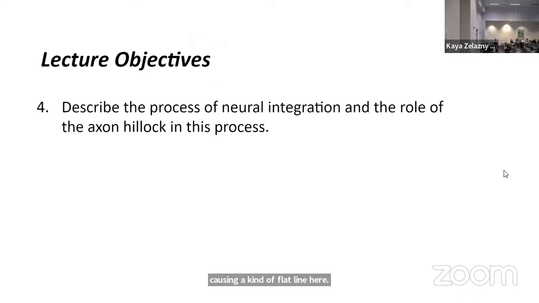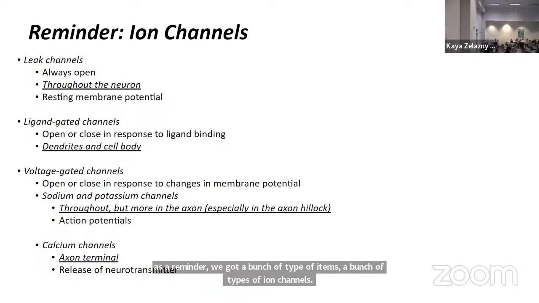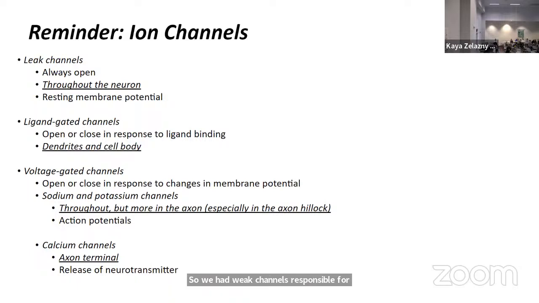So the next thing we're going to think about is how we handle multiple signals. As a reminder, we got a bunch of types of ion channels. We had leak channels responsible for keeping us at the resting membrane potential. They're always open, they're throughout our neuron. Those were our sodium and potassium channels, where we were saying there are 25 times more potassium channels.